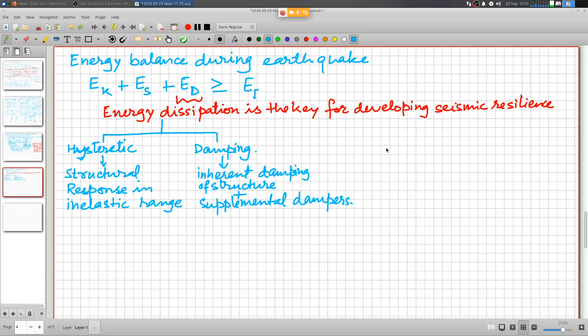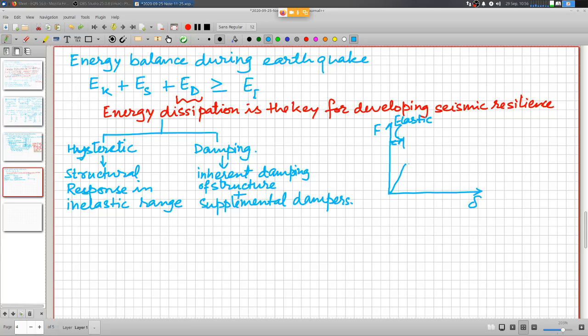So the idea is, if I try to define it in terms of load deformation behavior, this is elastic, right? This is the elastic range.